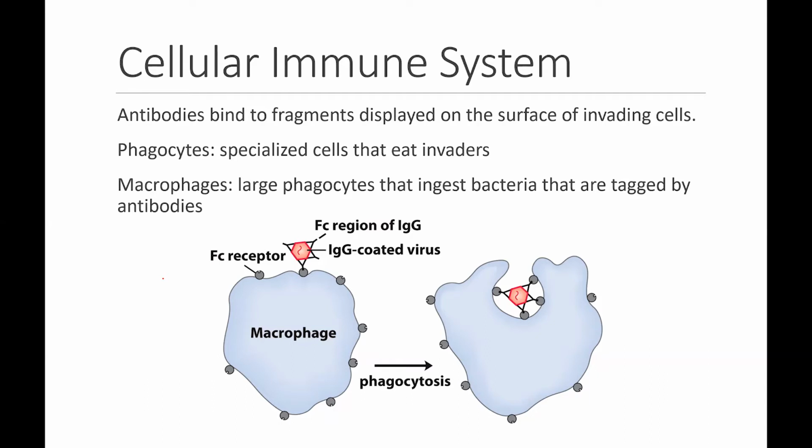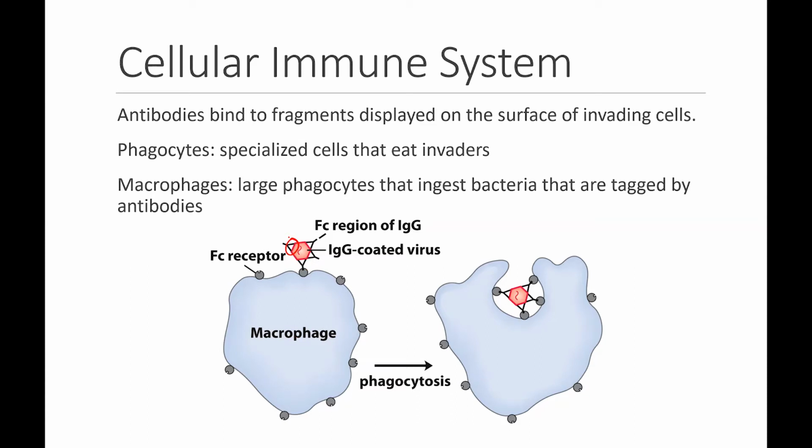So we're using a type of antibody that recognizes some portion of the outside of the virus cell or whatever the foreign unit is.